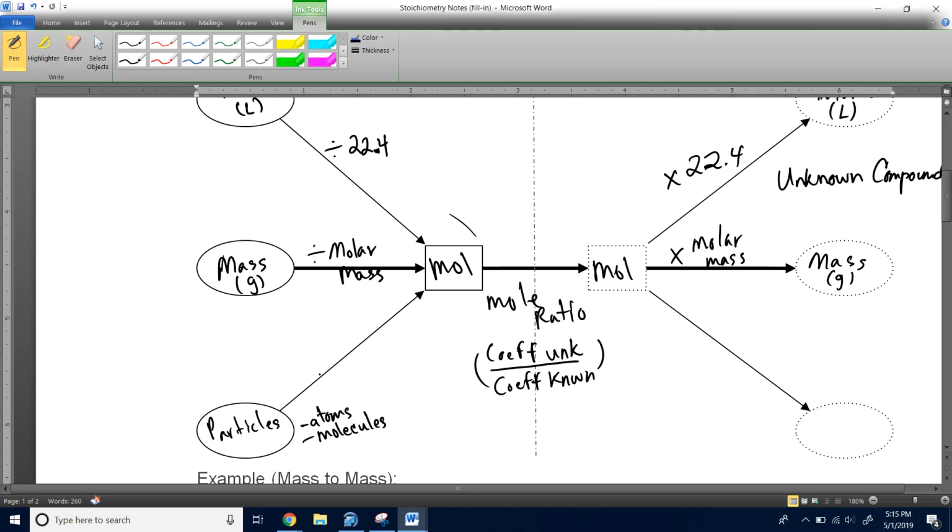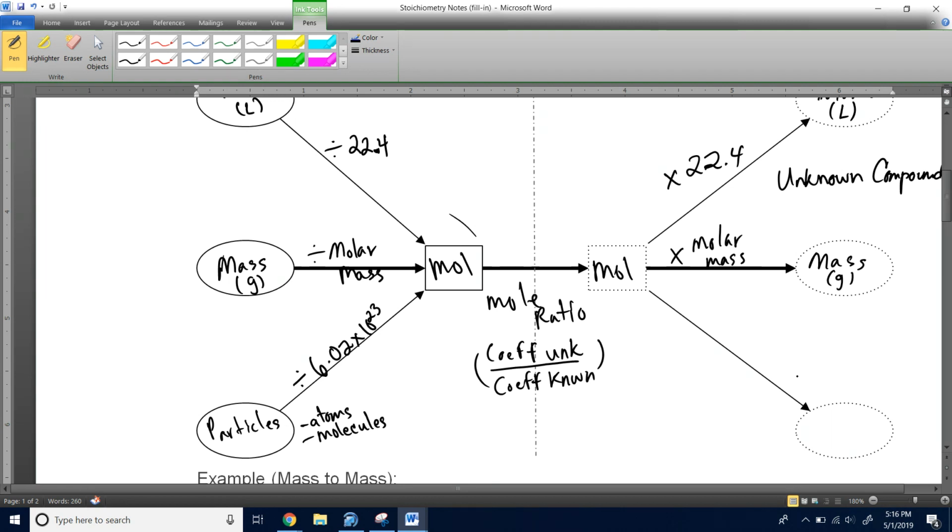When we divide, we're going to be dividing by Avogadro's number, 6.02 times 10 to the 23. That's what we have to use in order to get to moles from particles.